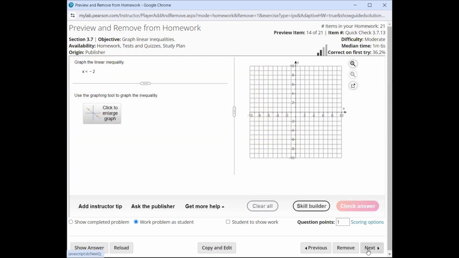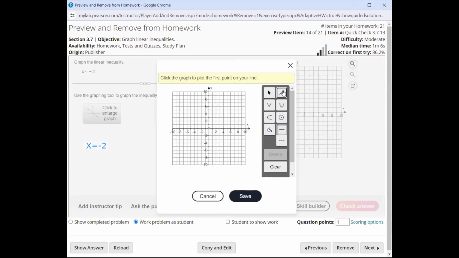Next question. x is less than negative 2. Now we know that the equality for this is x is equal to negative 2. We know that x equals negative 2 is a vertical line, a vertical line that goes through x equals negative 2.